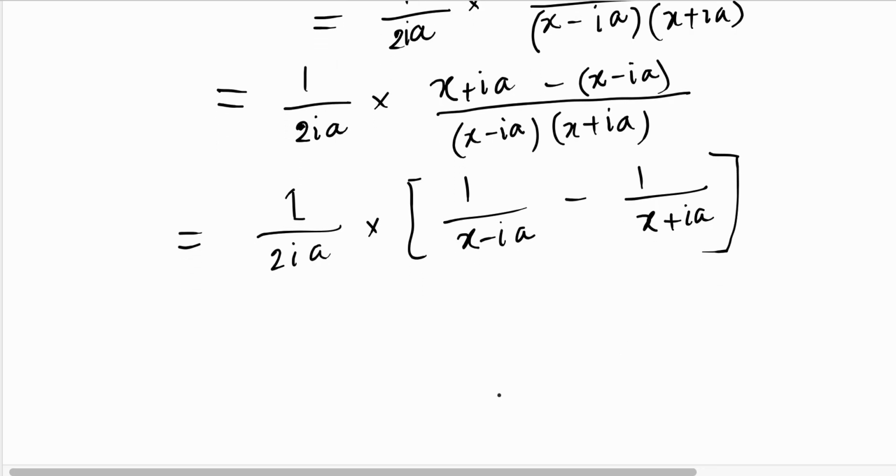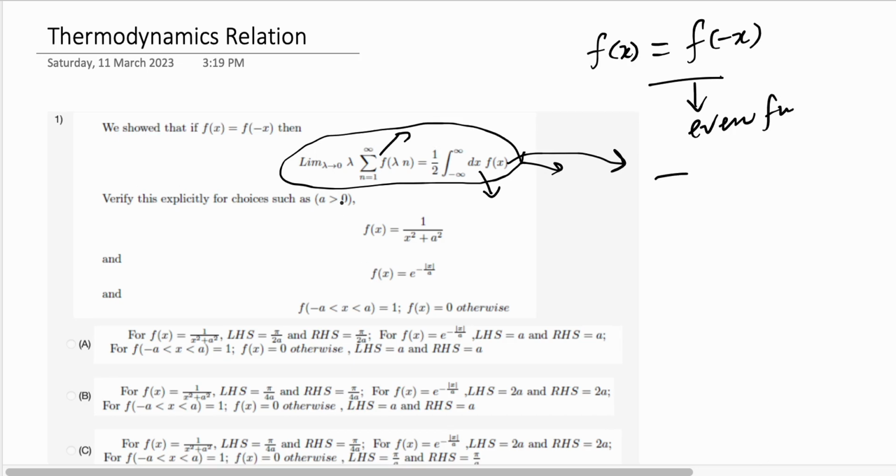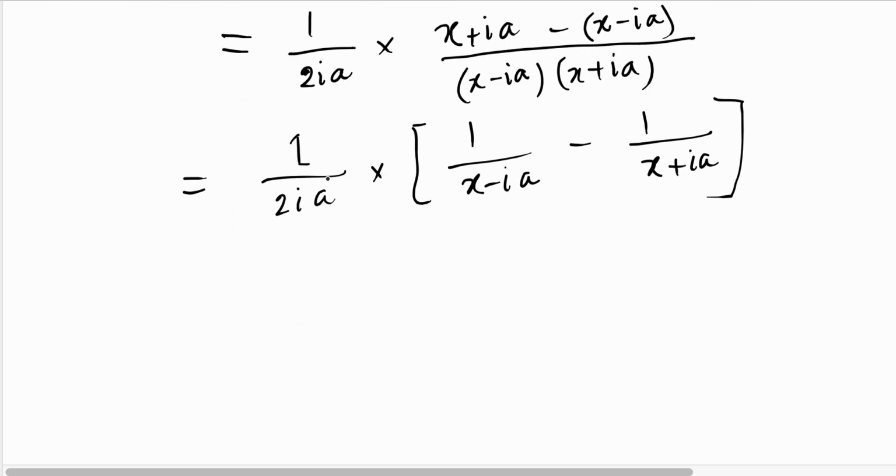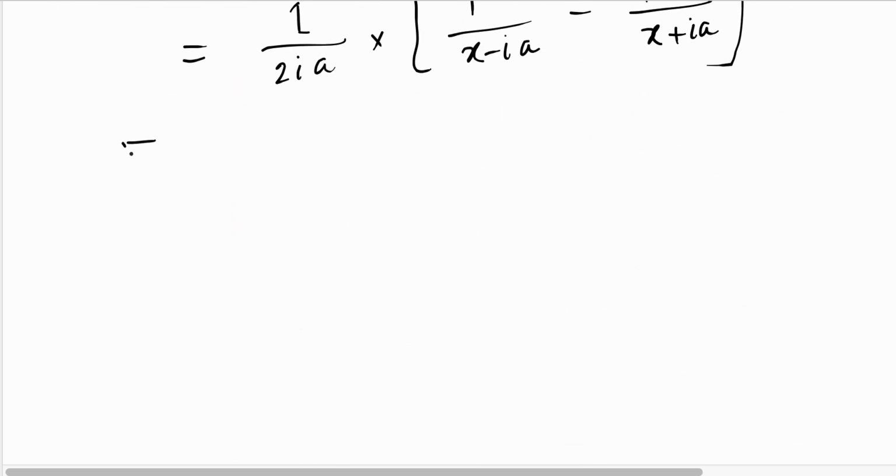Now we have to calculate the value of this sum in the limit lambda tends to 0. So what is the summation here? The summation is equal to the sum from n equal to 1 to infinity of f(lambda n). In place of x we put lambda n.